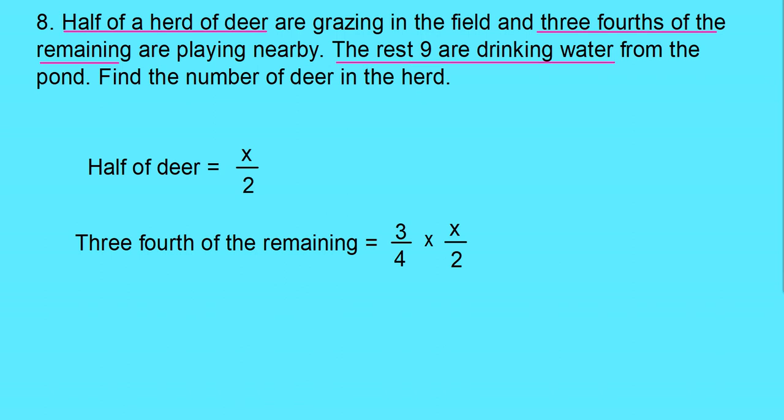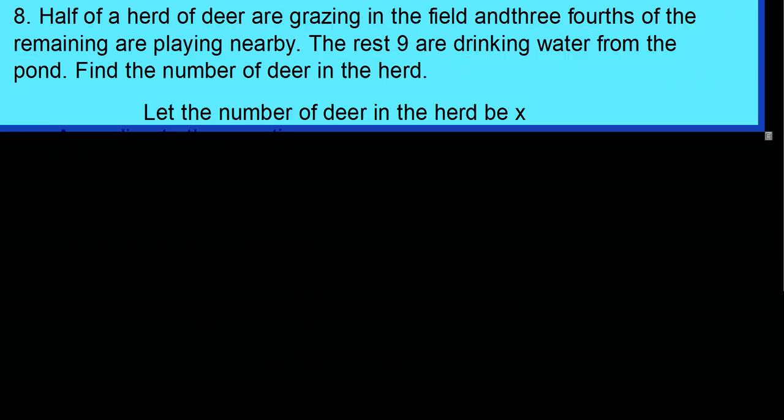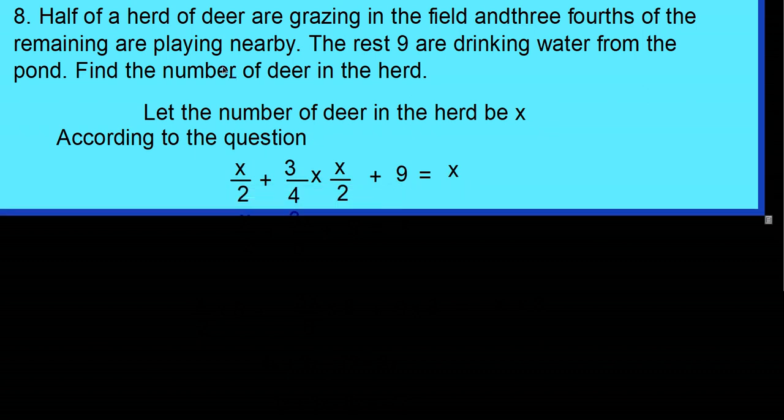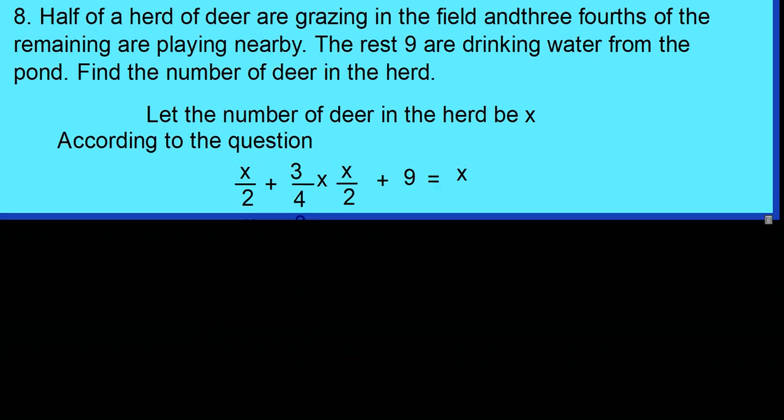So we can write, let the number of deer in the herd be x. According to the question, half of the herd means x by 2, plus 3/4 of the remaining means 3 by 4 into x by 2, plus the rest 9 means 9.